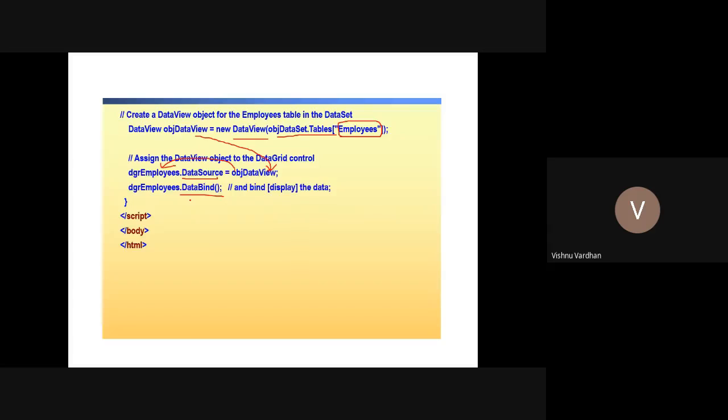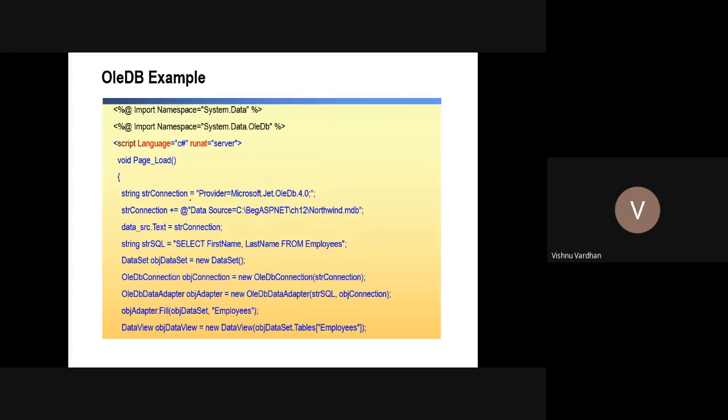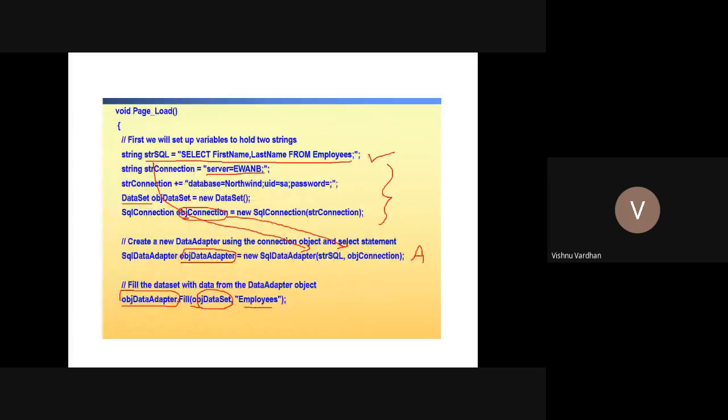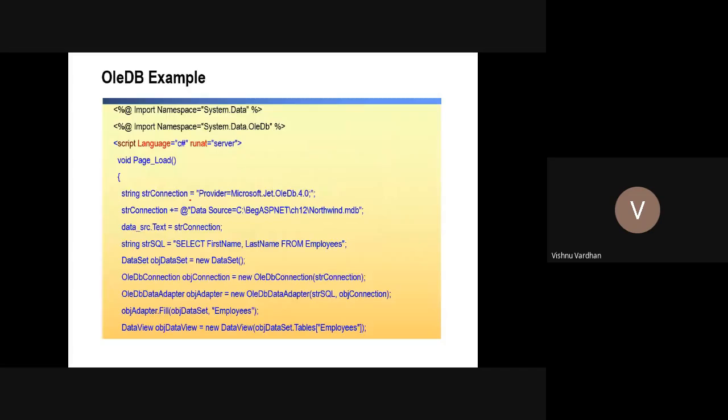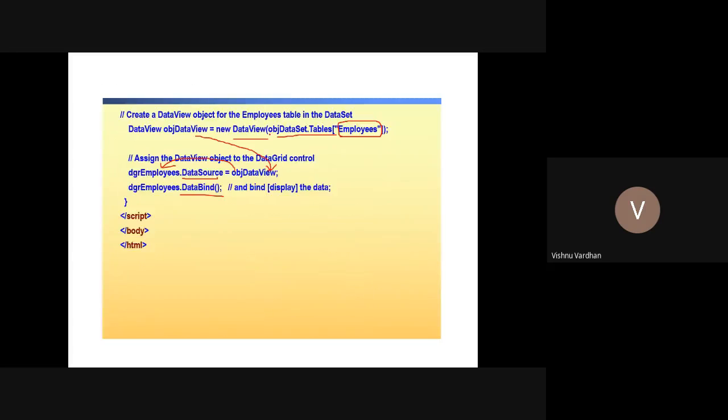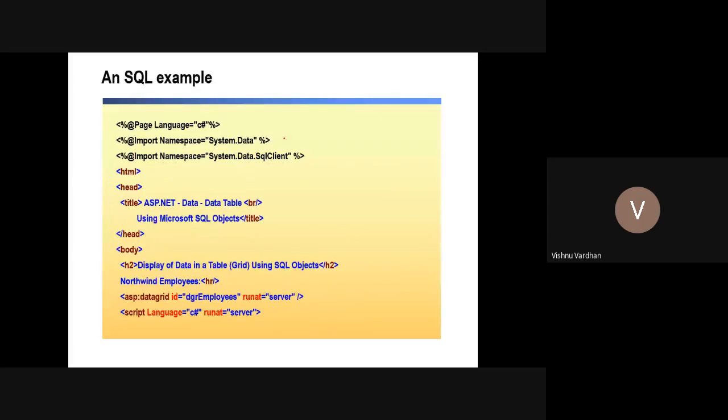So in that way, you can have this. This is some C# code, and this is the VB code. No, this is C# code. Both are the same actually. One is for the OLEDB and one is for the SQL client. Only that is the difference.